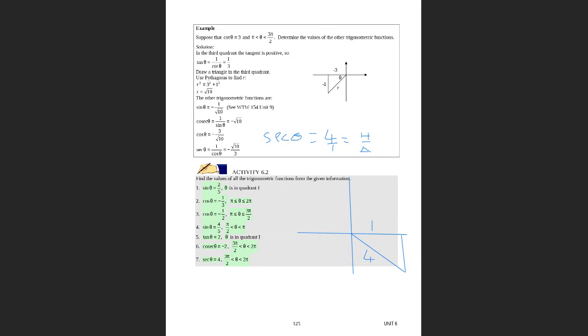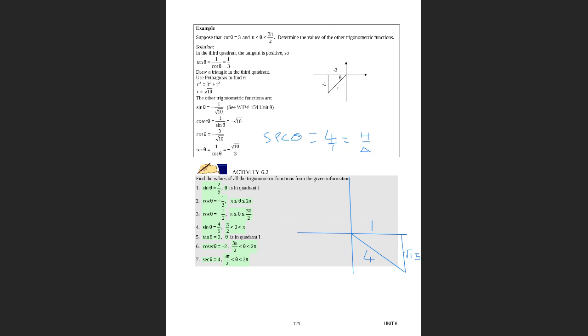And we are going to have plus or minus square root of 15, but you must choose the negative because your opposite is on the negative side of the y-axis.